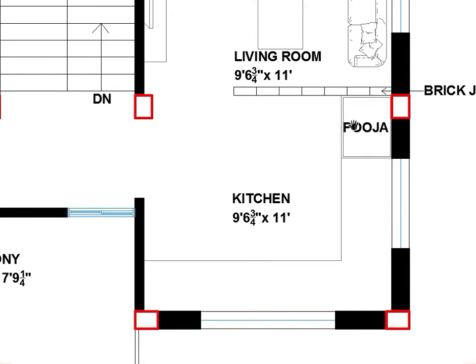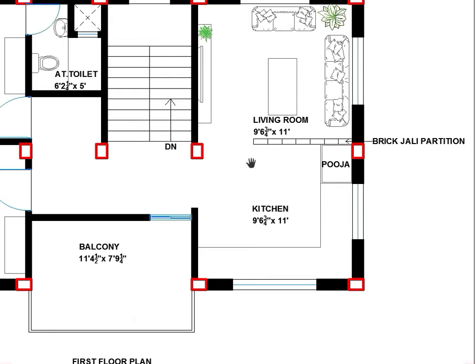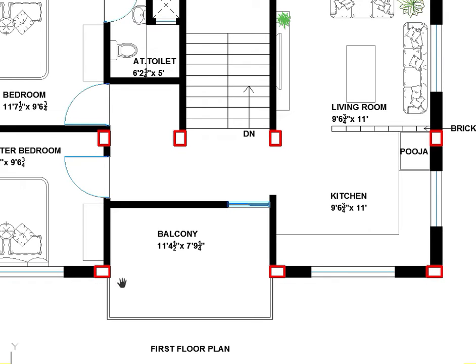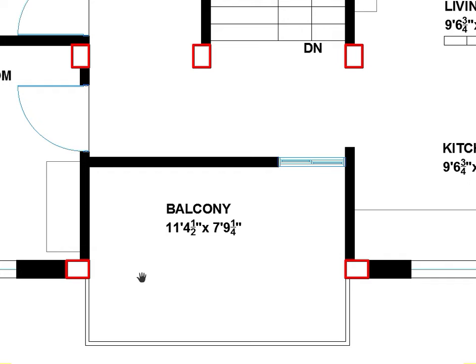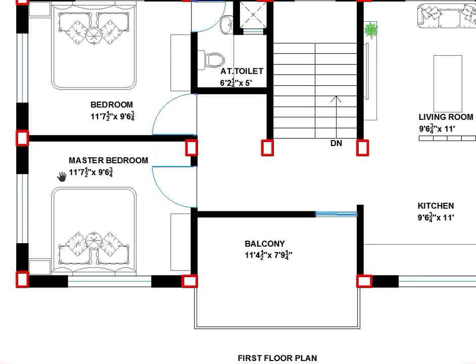And here is the puja area, and we bifurcate one space into two, so we are providing a brick jali partition here. As you can see, this one is the brick jali partition. Here is the balcony space, which is 11 feet 4 inch by 7 feet 9 inch. It means horizontally here to here 11 4, and vertically 7 feet 9.